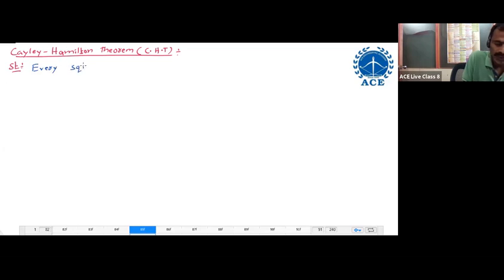Every square matrix satisfies its own characteristic equation.